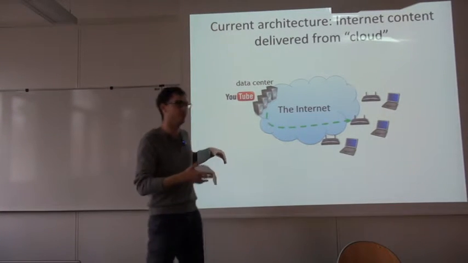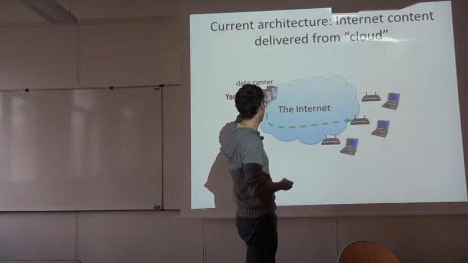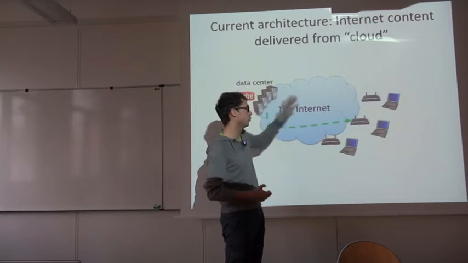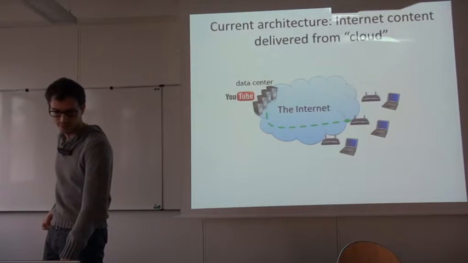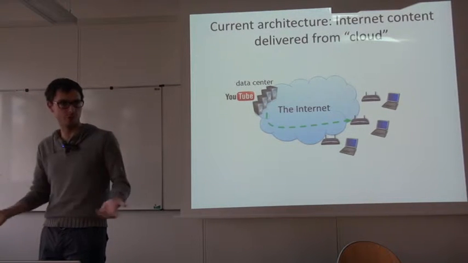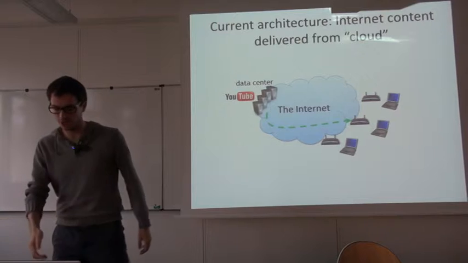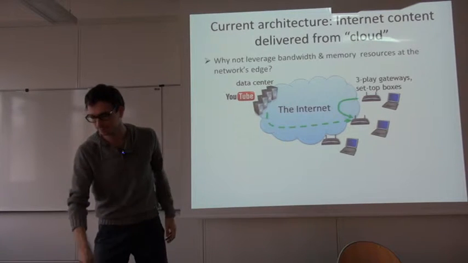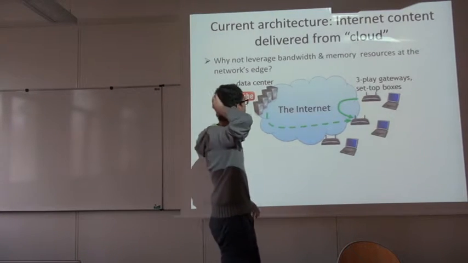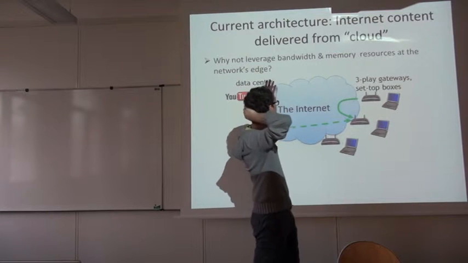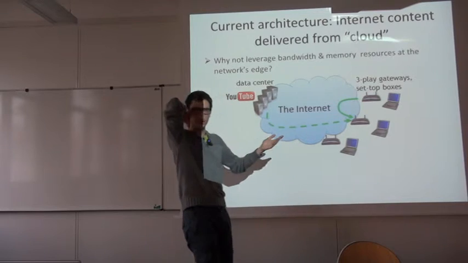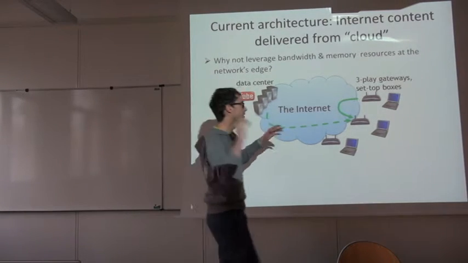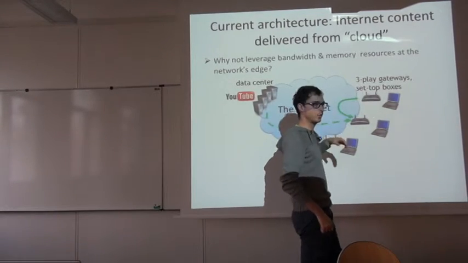that the provider of the service needs to pay for, and it needs to dimension it, and it needs to be able to serve all the requests that the users are going to generate. So it needs to be quite big to store all the contents. It needs to have a high upload capacity, for example. But in fact, we are proposing to just store contents locally at the users' places, for example using their gateways.